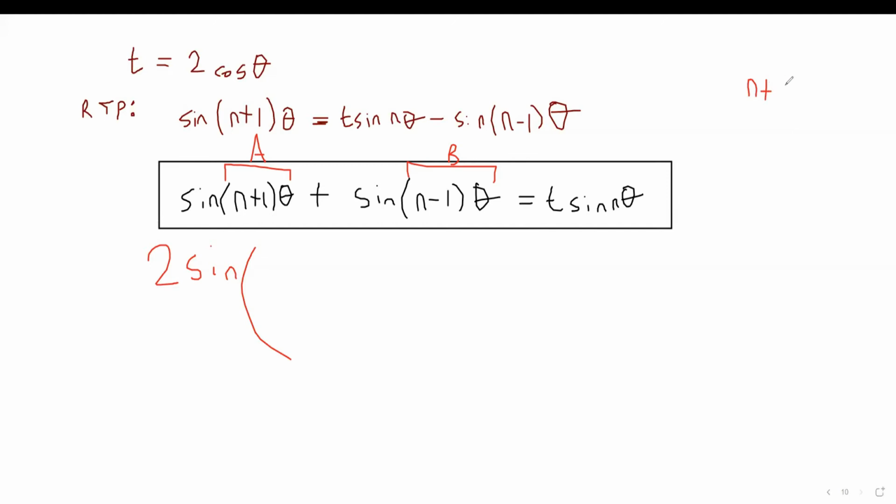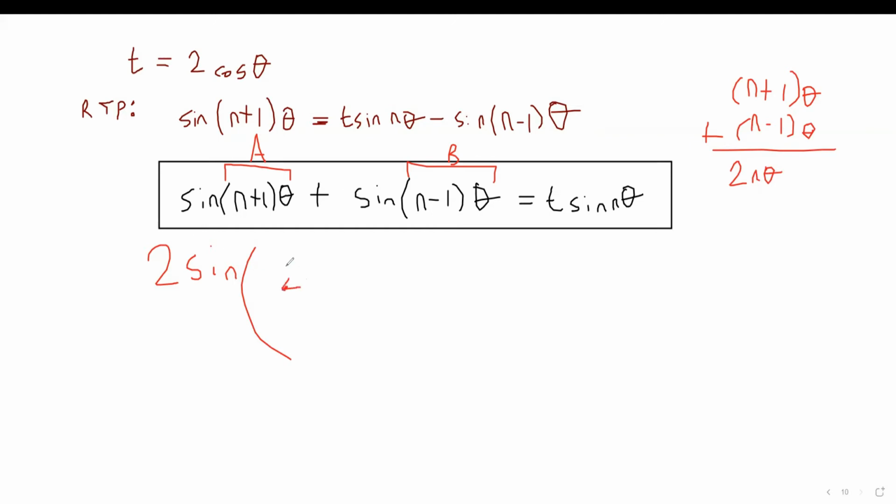I know it's a Sunday, so usually I'll be able to add these a lot easier, but I don't know what's going on. But I have to actually just write them out like this, adding them. I know that this is n times theta, which is n theta plus n theta. That is 2n theta. And then this is theta plus minus theta, that's gone. So twice the sine of half the sum.